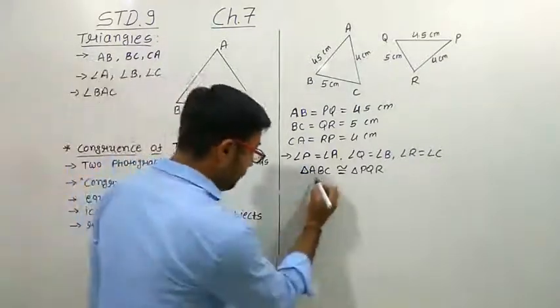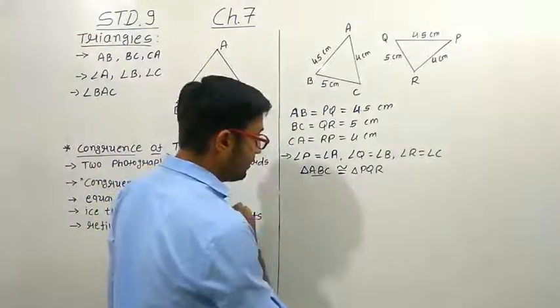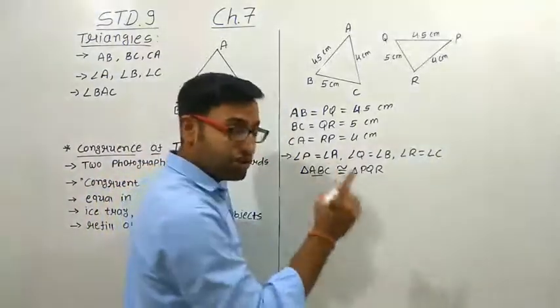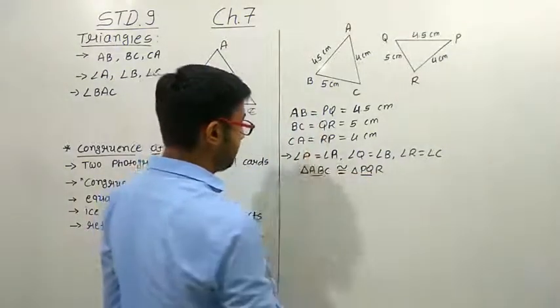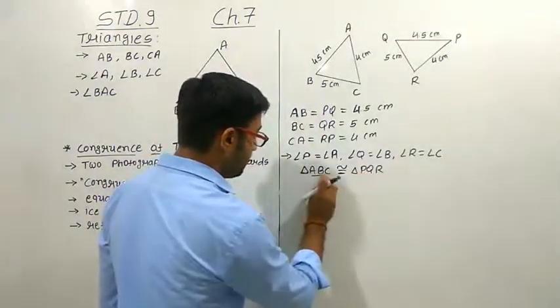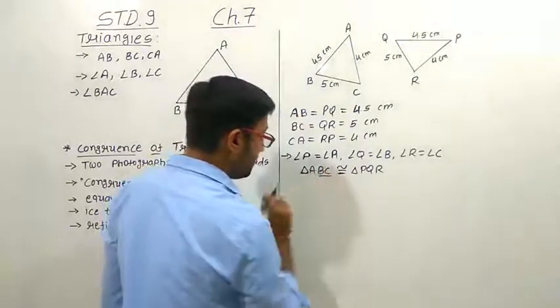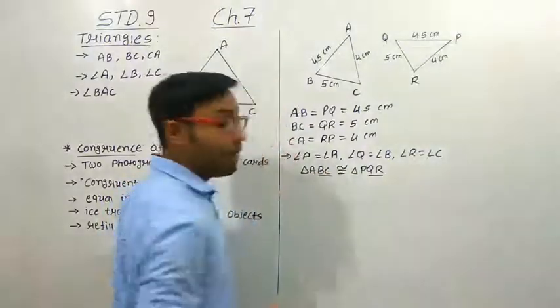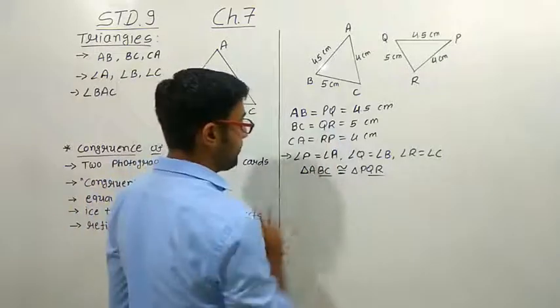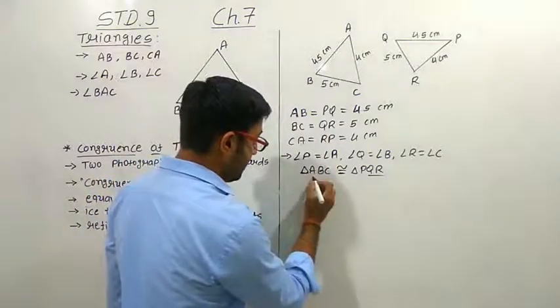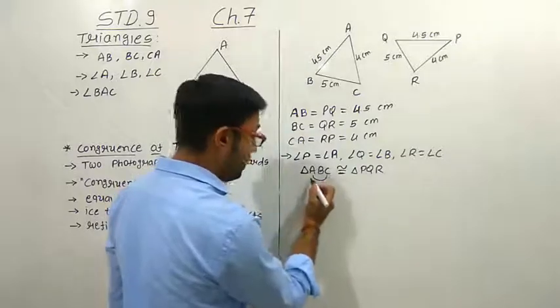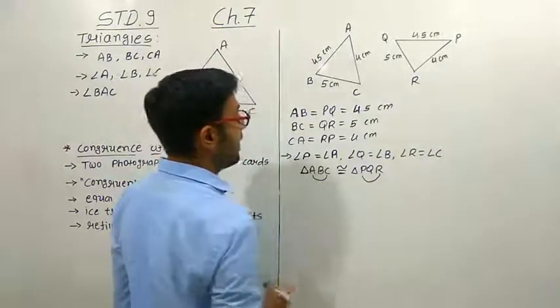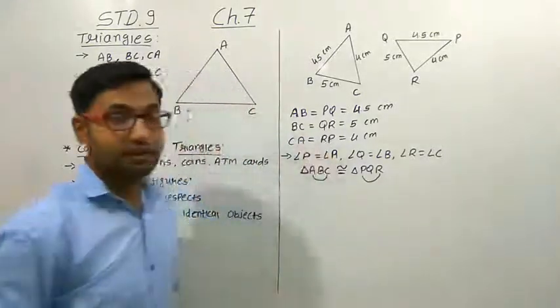First we write AB and it must be equal to the side PQ, and that is happening here. Second side, BC, must be equal to QR, and that is also happening here. Now the third side CA must be RP, and that is happening here.